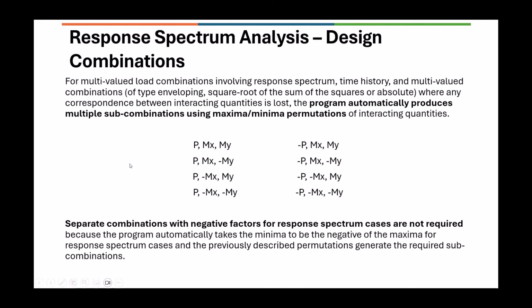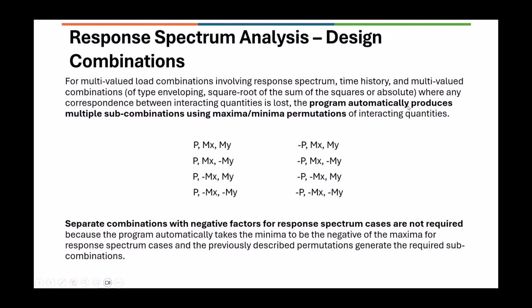And the next thing is the output. Certain things we should know: how the program handles the response spectrum analysis results. As I told in the beginning, the responses are absolute maximum values, so there are no signs. Then the program internally treats such cases, including response spectrum, time history, as multi-valued combinations.